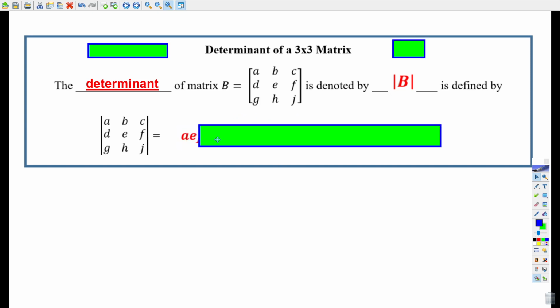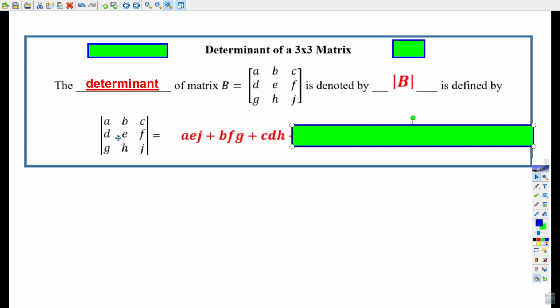So here it is. We have to do A times E times J. Then we're going to add on BFG. So AEJ, BFG. Then we're going to add on another one, CDH.